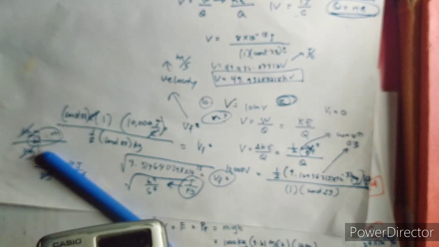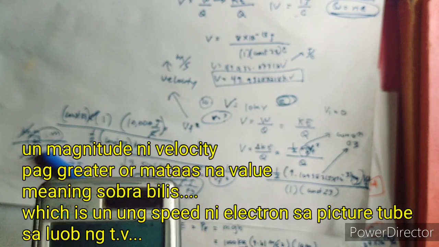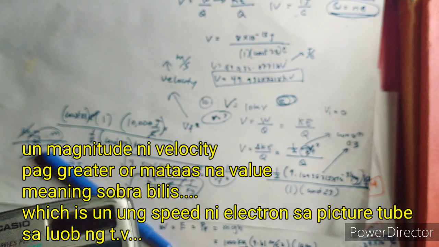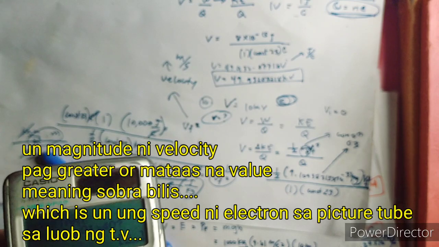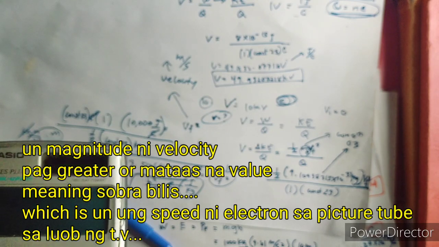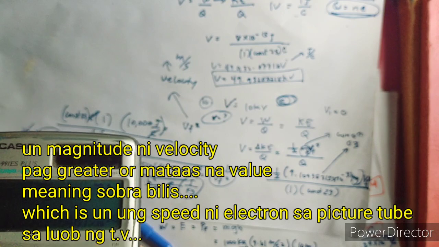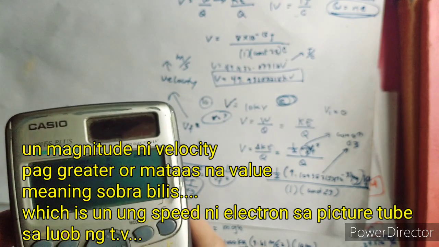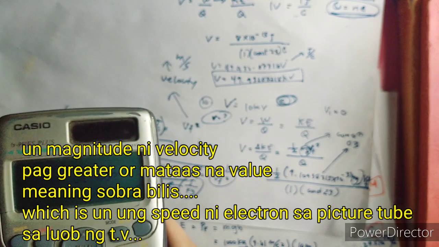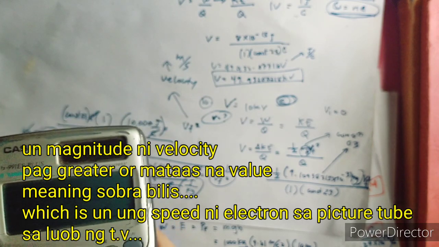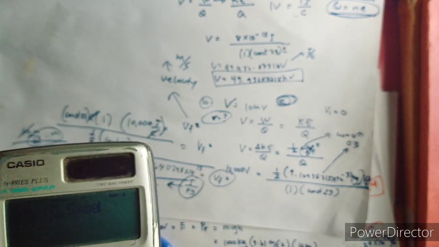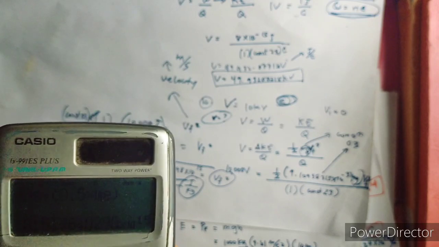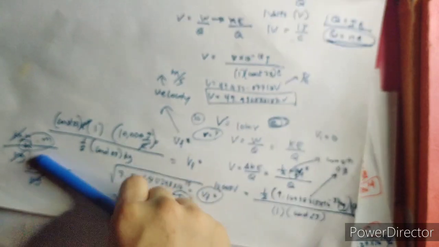Double check ko lang ha. 10,000 times constant 23 divide 0.5 times constant 0.3, square root of answer equals, ayan, nataas.